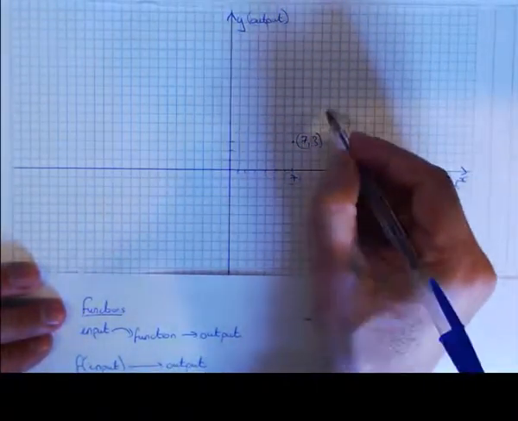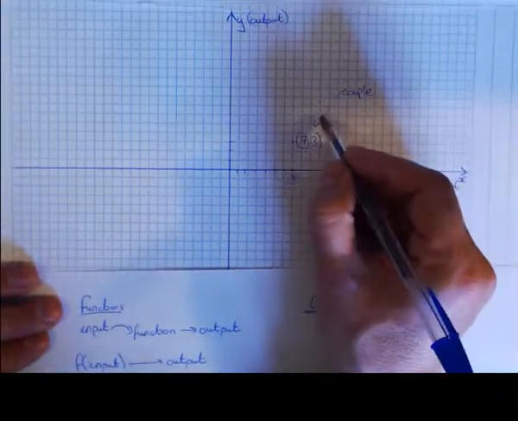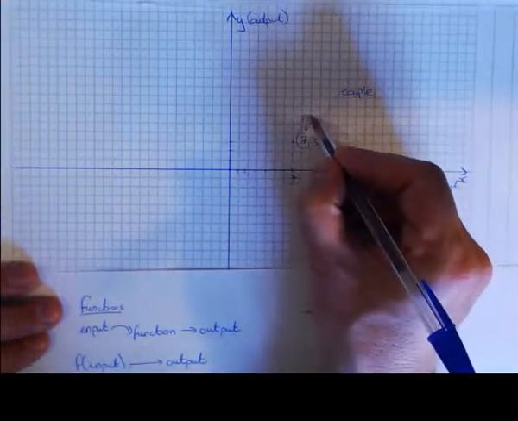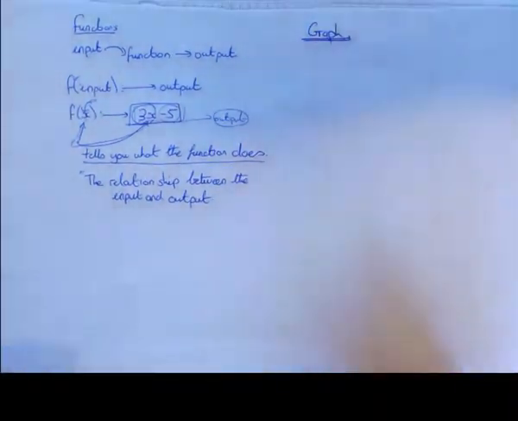Every point on the plane is a couple in a relationship, an input and an output. When we want to graph a function, we pick a certain number of inputs.